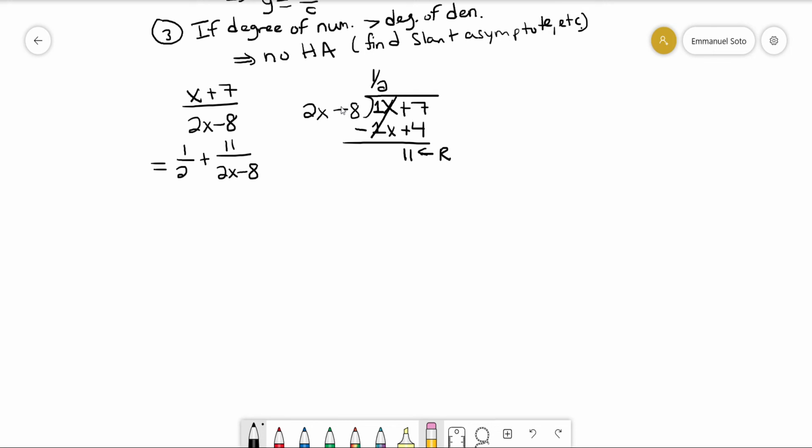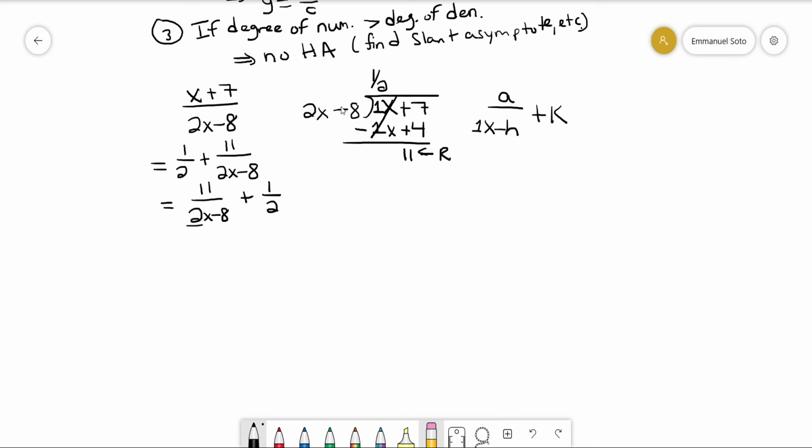Remember that we're trying to match this to a over x minus h plus k. Right now you can kind of tell that the k is 1/2. So I'm going to move the 1/2 over to the right side so it matches up more nicely. Now this is 1/2, the second number, on the outside. Notice that there's a 2 here and an invisible 1 here. That needs to be a 1 in order for it to match.